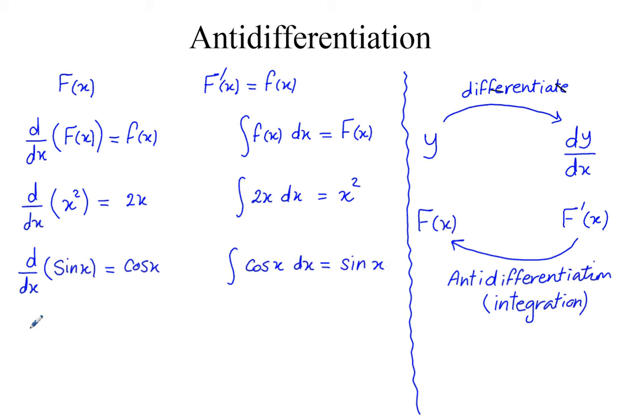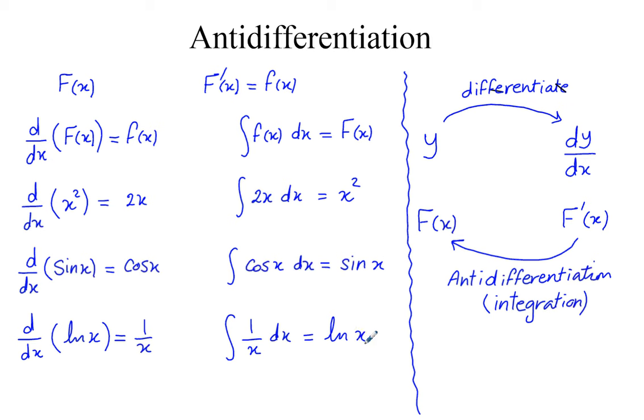One more function. If the derivative with respect to x of ln x is 1 over x, then the antiderivative of 1 over x with respect to x should equal ln x.